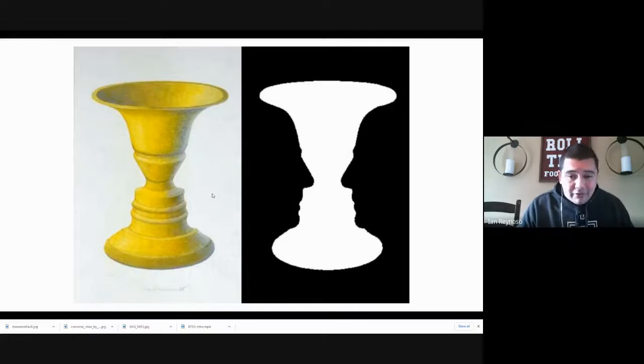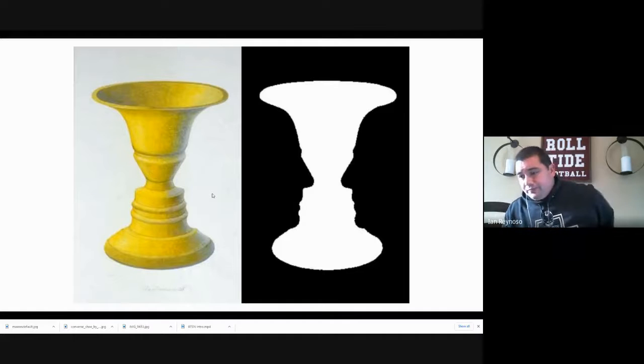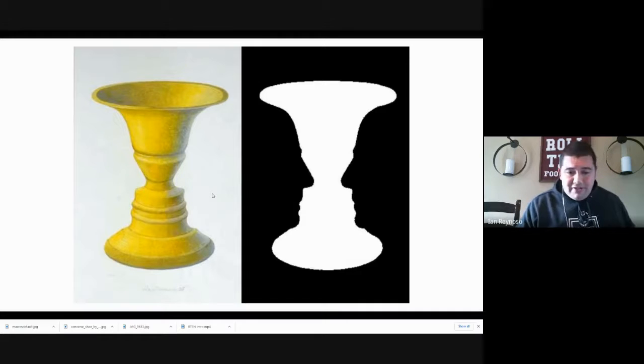Now, the negative space, so write in your notes underneath it, the negative space is the empty space that surrounds the positive space. Again, the negative space is the empty space that surrounds the positive space.